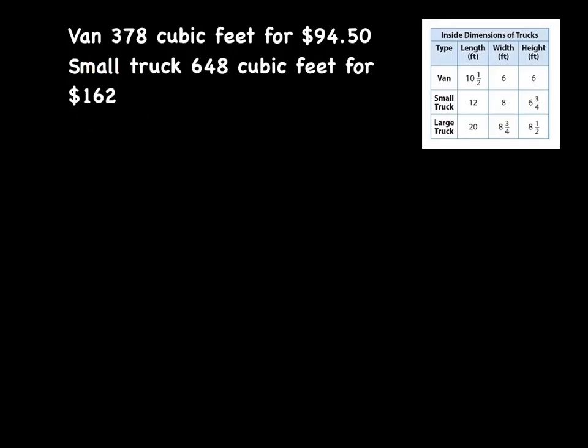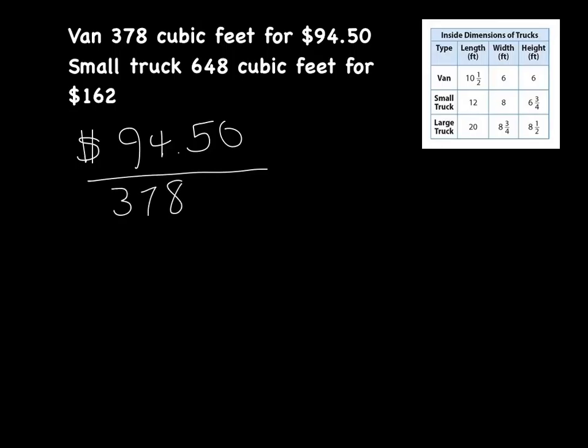Well, what we really want to find here is we want to find a unit rate. We want to find the cost per cubic foot. How many dollars per cubic foot? So we're going to write this out. We're finding a rate here. What we're going to be doing is we're going to be taking the $94.50 and dividing by 378, and you know what?